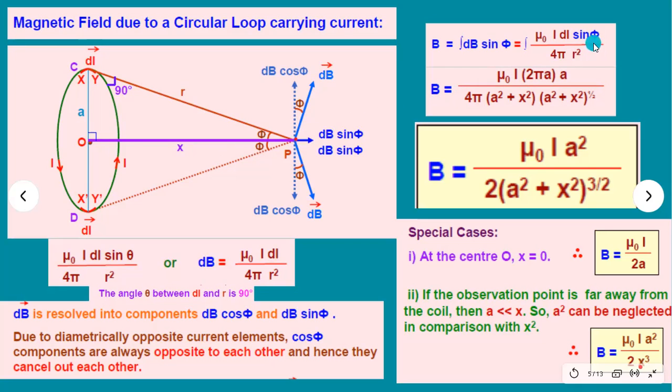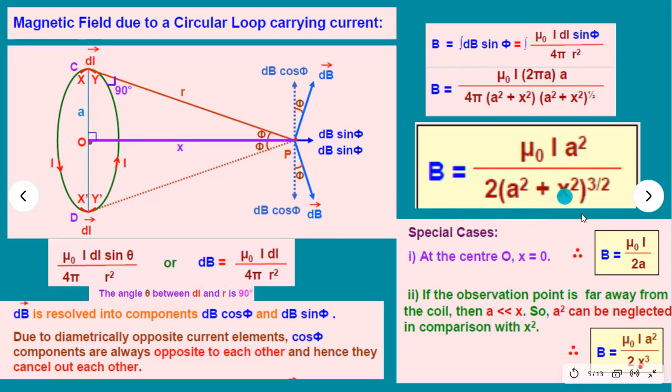So substituting the value of sine phi, we get B is equal to mu naught I a square by 2 into a square plus x square to the power of 3 by 2. So please feel free to pause the video and do this derivation. Now, at the center O, if we want to find the magnetic field, the distance x for that is equal to 0.